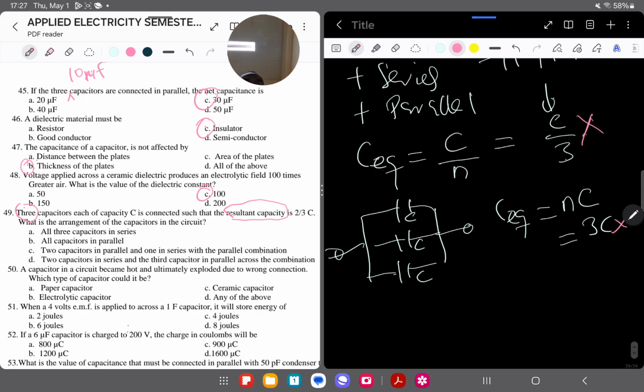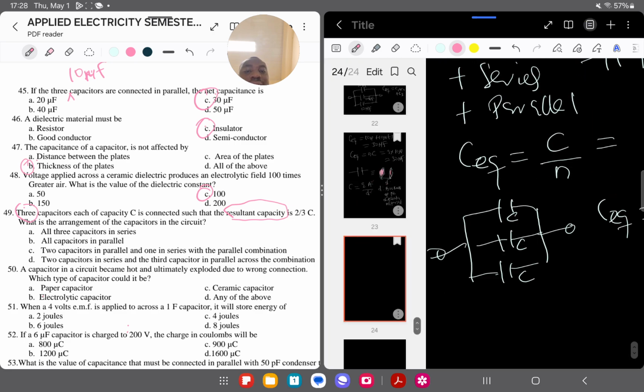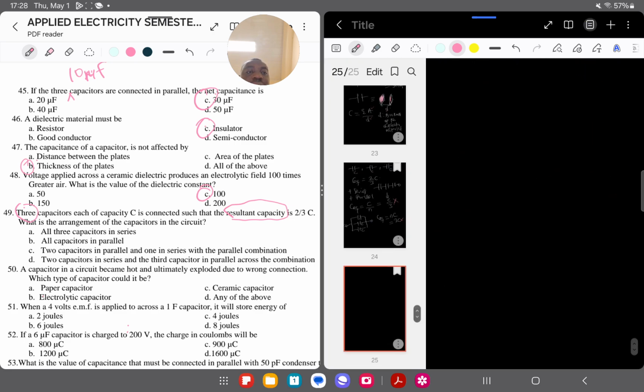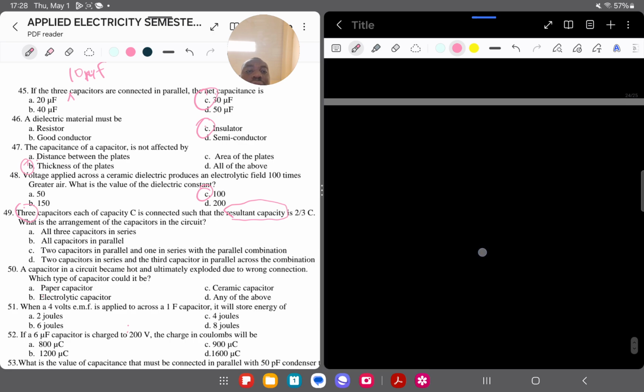So that means that we can now say maybe they are being mixed up, right? Maybe two of them are connected in series and then in parallel with another one, or two are in parallel and then in series with one of the capacitors. So we can go to the next kind of connection.